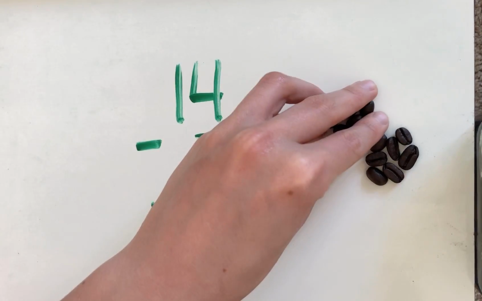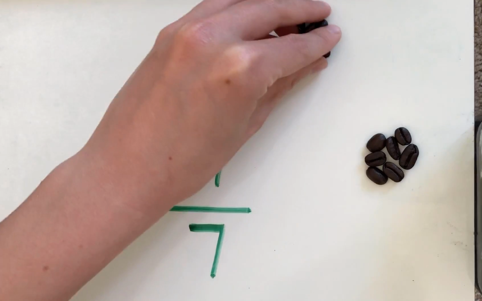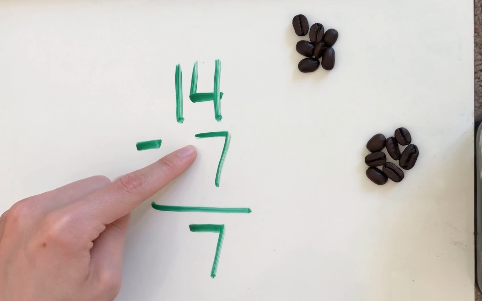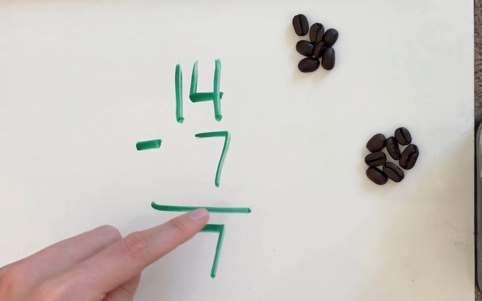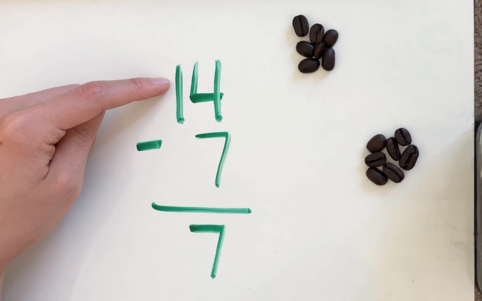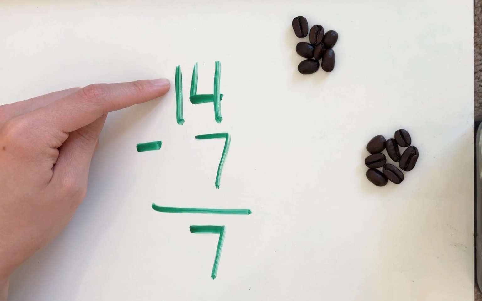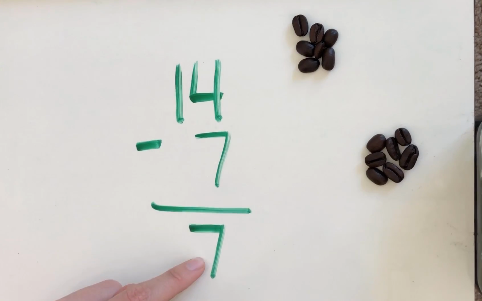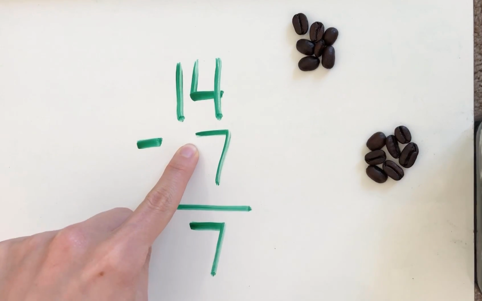Or if you had 14 and you split it in half, you would get 7. So doubling means that we're taking this number that we have right here, and adding the same amount to it, and we would get our first number that we started with. Or cutting in half of the number we would take away, and we would end up with the same number that we subtracted it from.